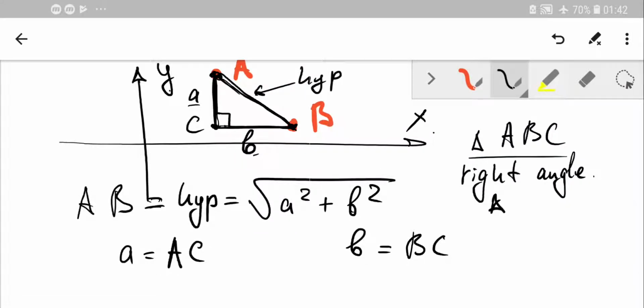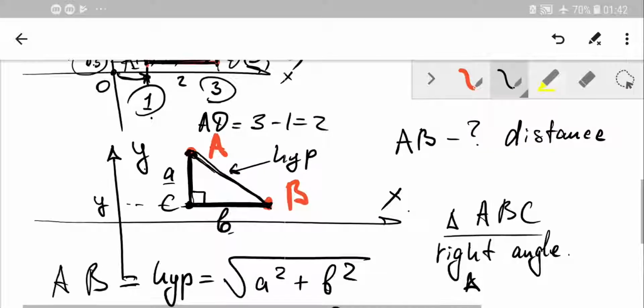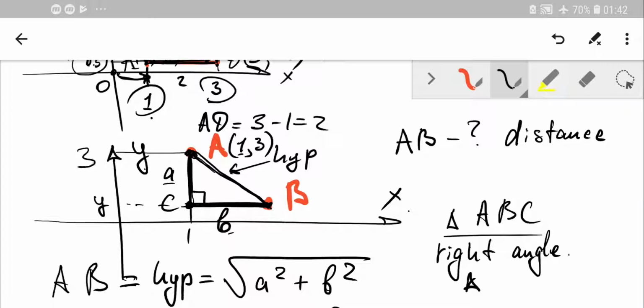For example, if we're talking about BC segments, they have the same horizontal y coordinates, both for C and B. Let's set up point A, maybe it's 1 and 3, 1 for x and 3 for y.